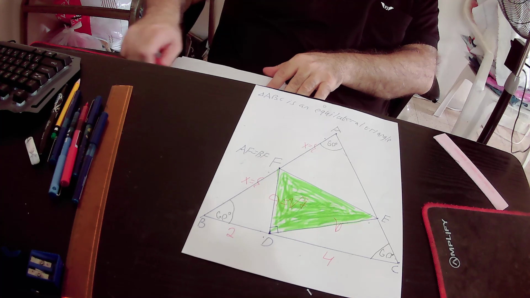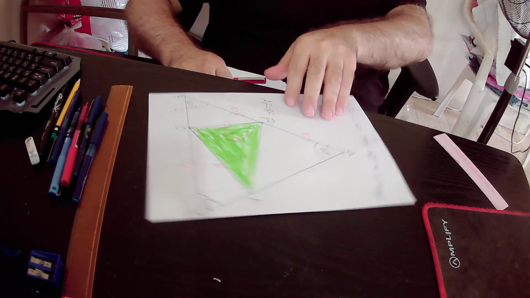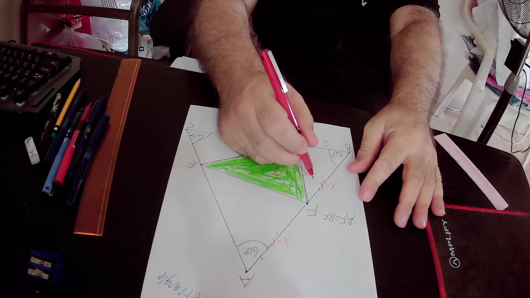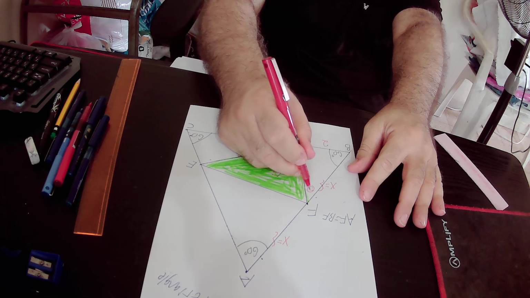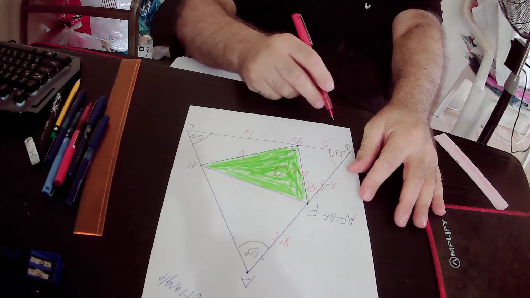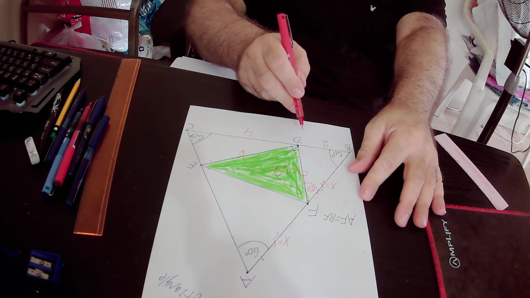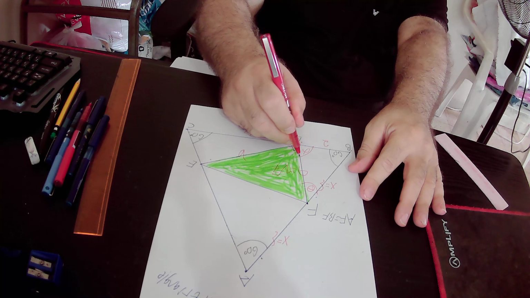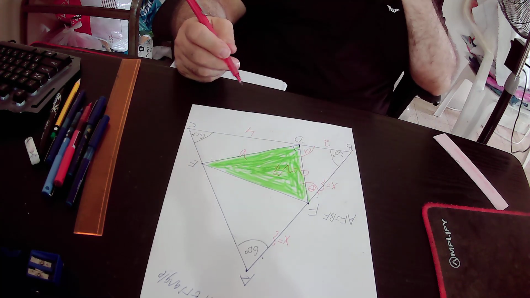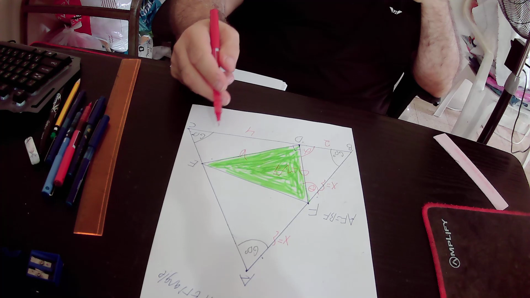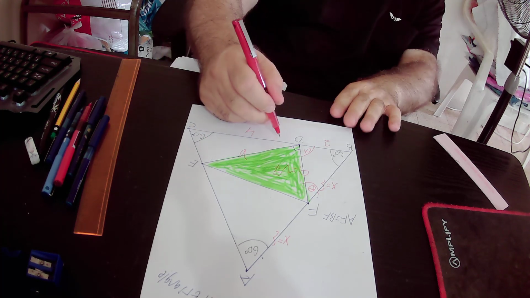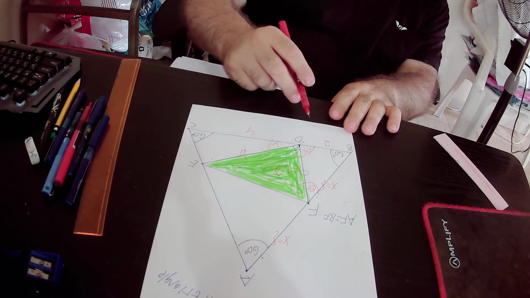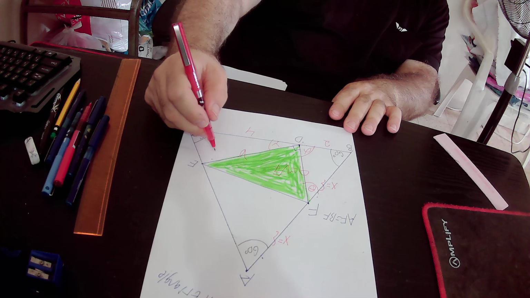In the next step we will define angle BFD as theta, and we will define angle PDF as alpha, and we will define angle EDC as gamma, and we will also define angle DEC as beta.